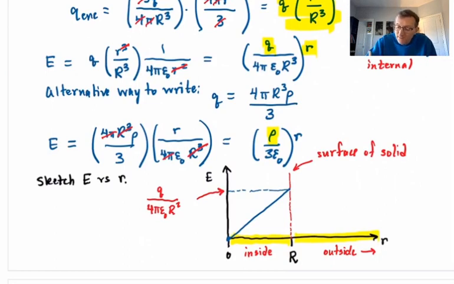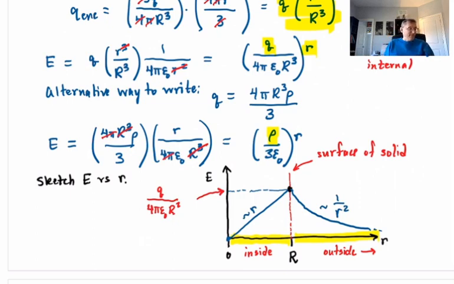Using the outside result, it puts us at the same place where the inside result ended. The outside result just picks up right at that point, and then it goes down on and on like 1 over r squared. So this part grows like r, and this part diminishes like 1 over r squared.